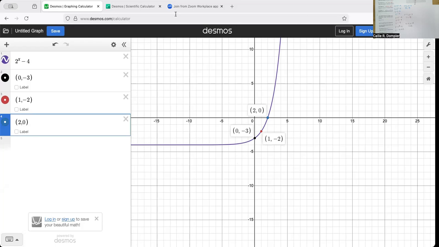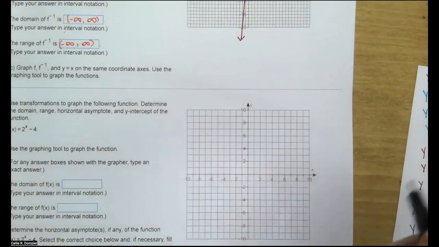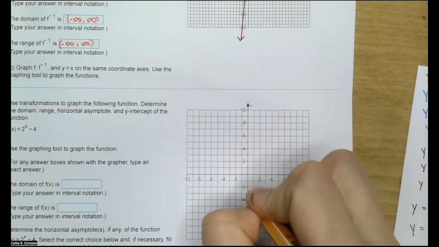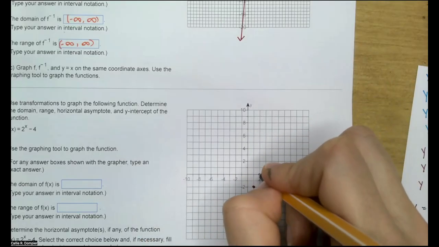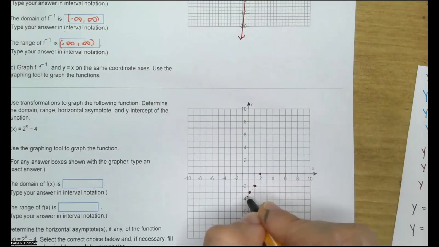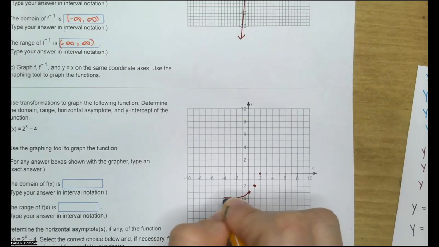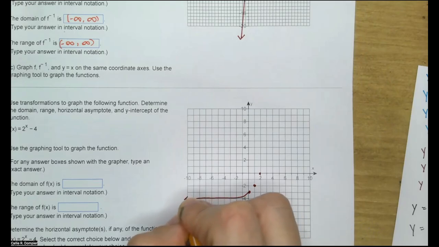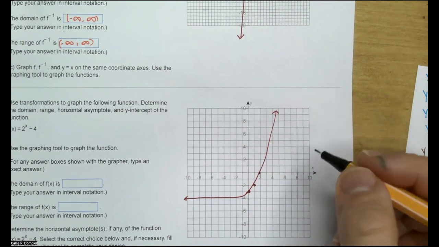So that is how we would graph it. Here, here, and here. And what's happening? It's approaching -4, right? But it never touches it. It just gets smaller and smaller and smaller. So it's going to look like that. And this is just going to go up really quickly.